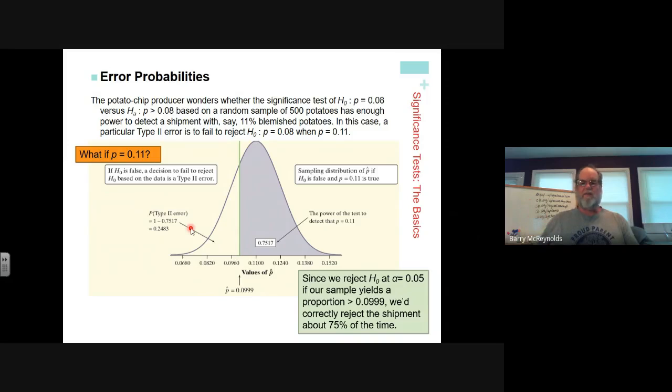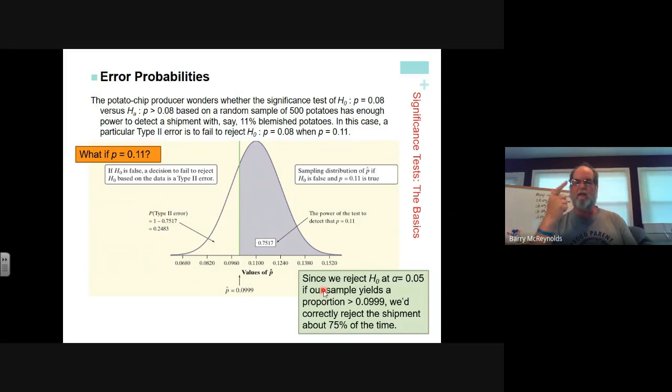So I say all that to say this. You will not be required on the test to calculate the power of the significance test. You won't need to be able to do these calculations, which is good news. What you may be asked to do is to describe what is meant by type 1 and type 2 error.